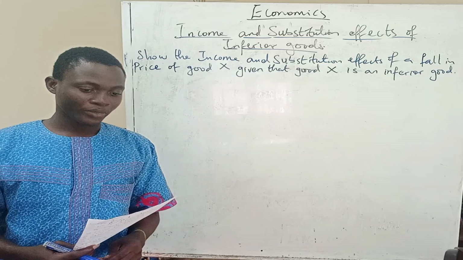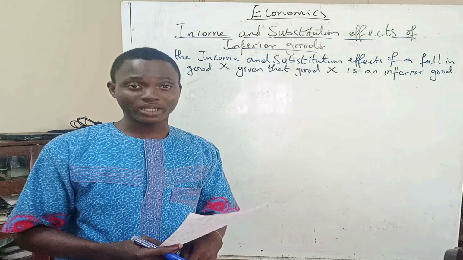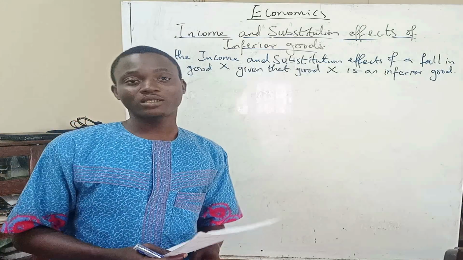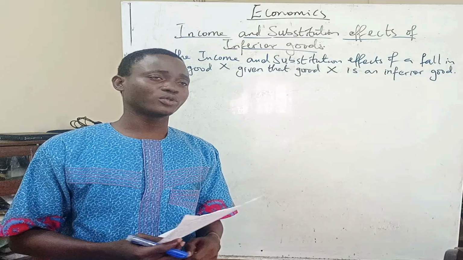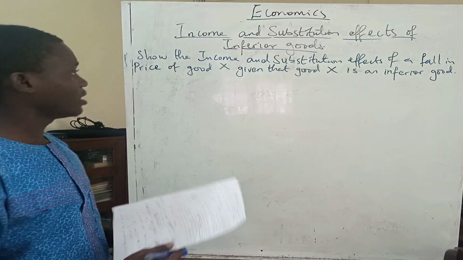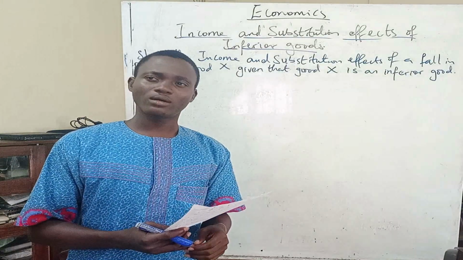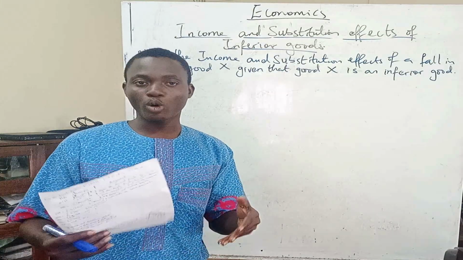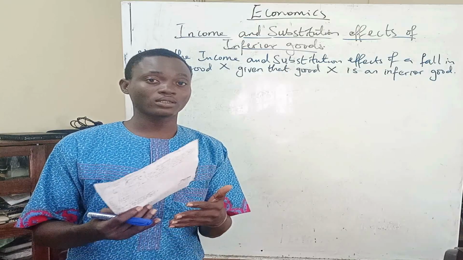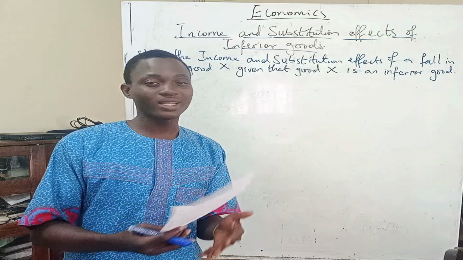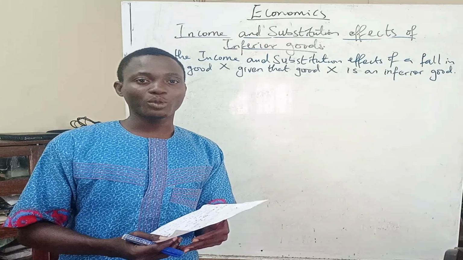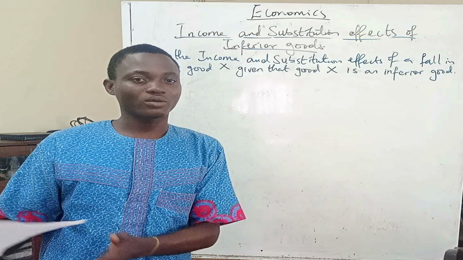Let's say you want to buy two products. You get to the market and discover that the price of one of the products has reduced. So you might say, the price has reduced, let me buy more of the commodity whose price has reduced, because it is relatively cheaper now, and let me buy the same amount of the other commodity.